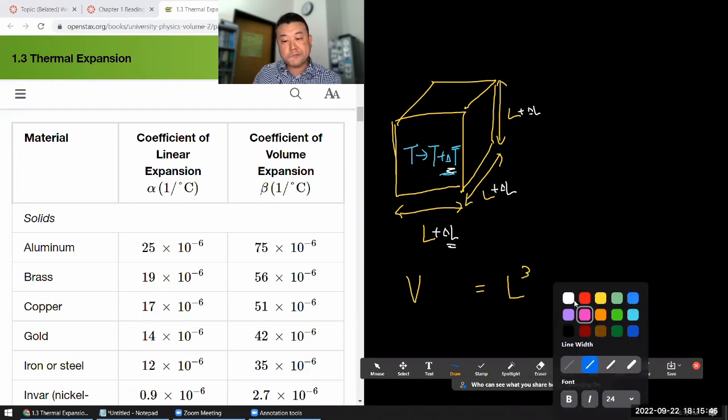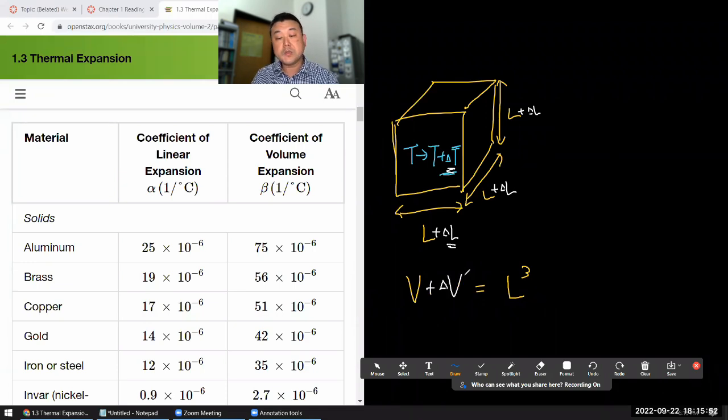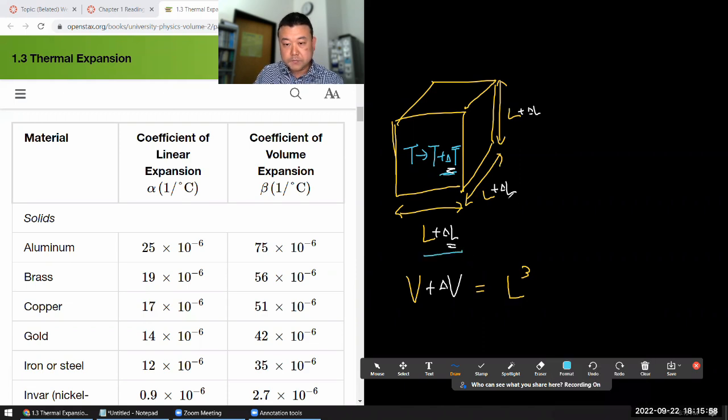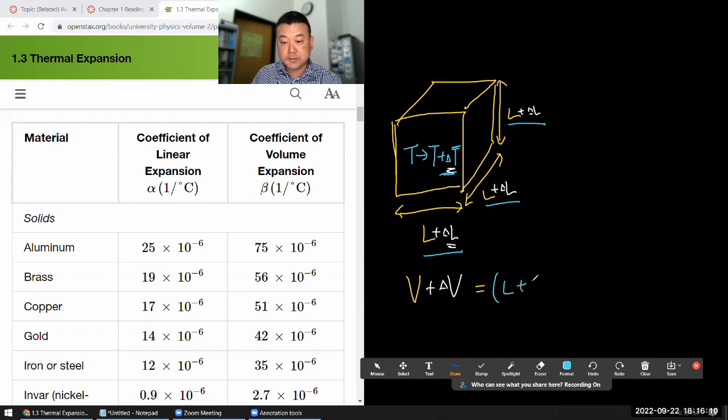We want to describe how much the volume changed as a result of this temperature change. We know what the total amount is, so we can start with that. Instead of L cubed, it'll be L plus delta L, cubed.